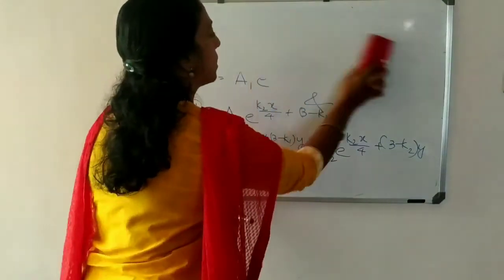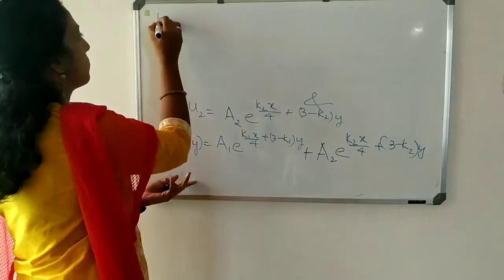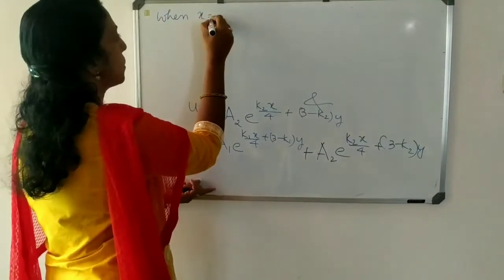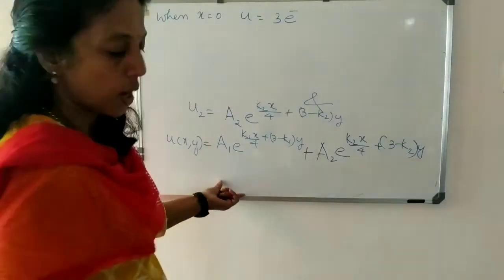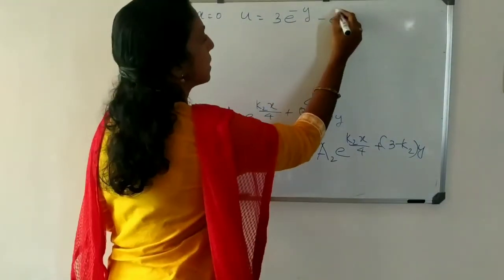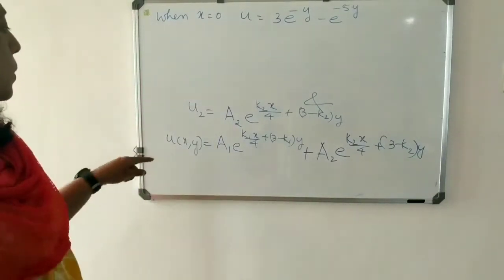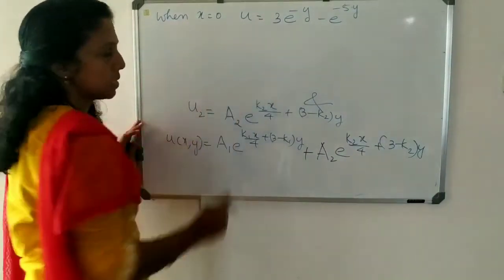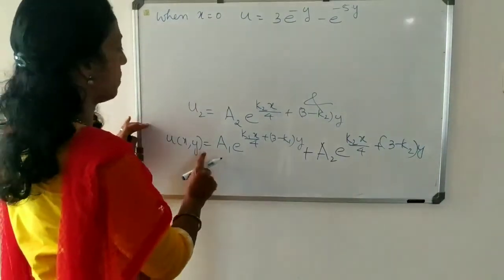So what was our initial condition? When x equals 0, u is 3 e raised to minus y minus e raised to minus 5y. Now substitute here.